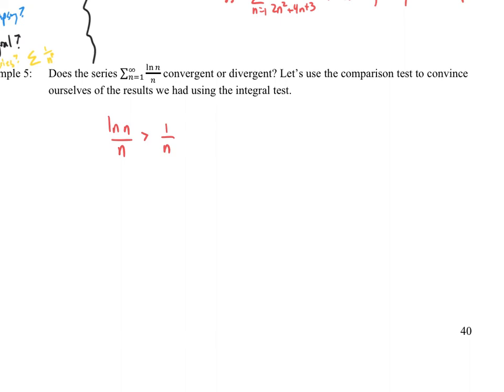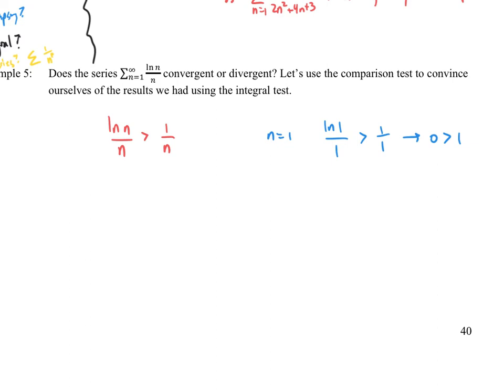However, if you think about, let's say if n was 1, for example. So if n is 1, we have the natural log of 1 over 1 and 1 over 1, and the natural log of 1 is 0. So you end up getting 0 is greater than 1. That's obviously a false statement. And so in this particular case, we have to just be careful that we're not making a false claim.